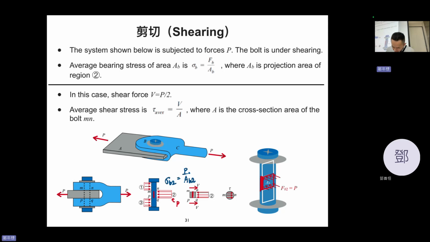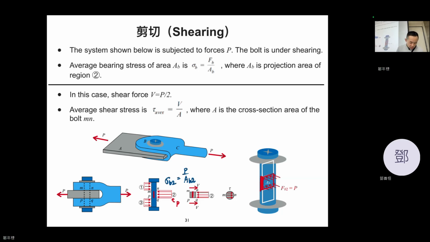All right, so AB2 is this one. This one. Okay. So at that region, the bolt bearing stress at that part is sigma B2 equal to P divided by AB2. So the P is acting on that area, all right?